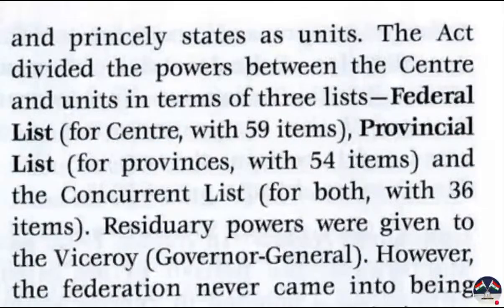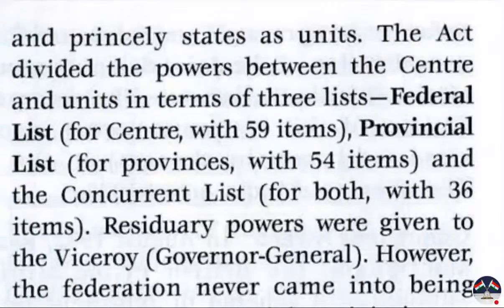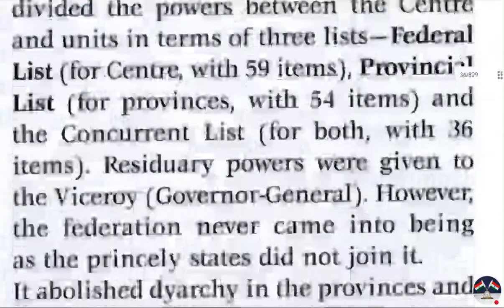The federal list for the centre had 59 items, the provincial list was for the provinces with 54 items, and the concurrent list for both with 36 items.